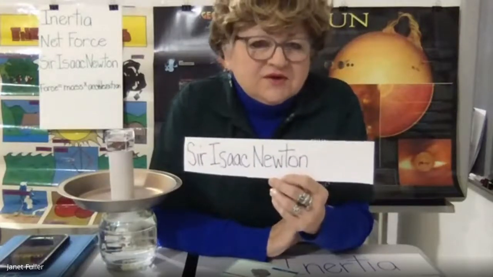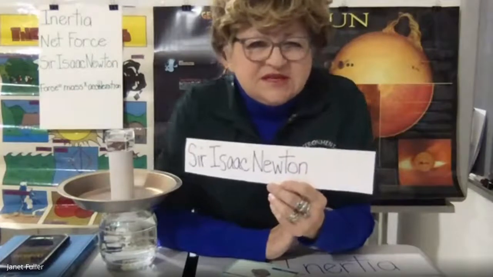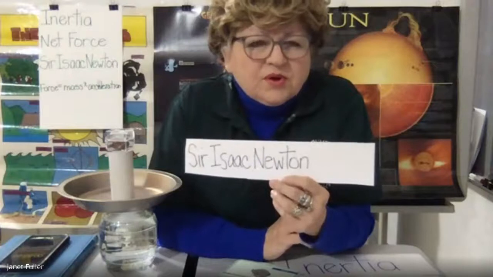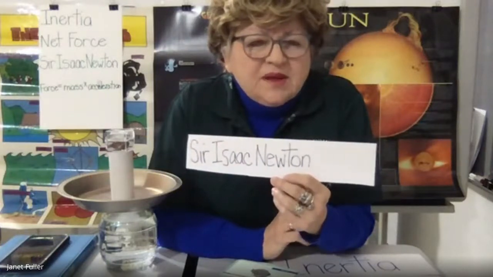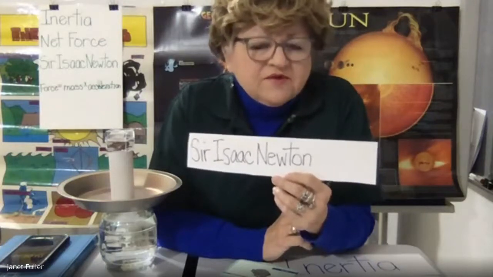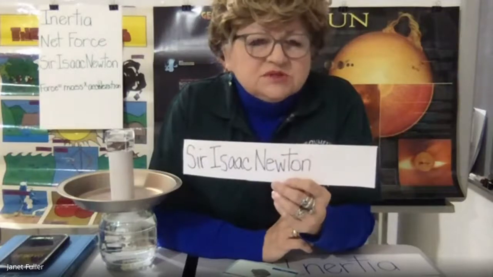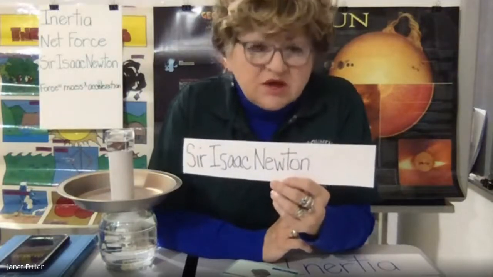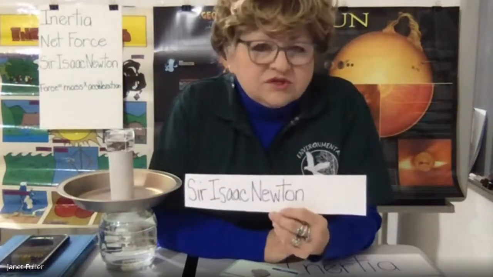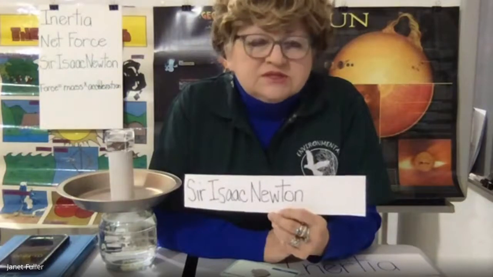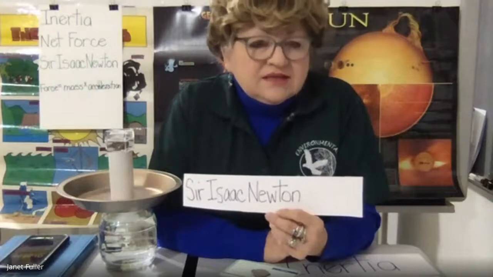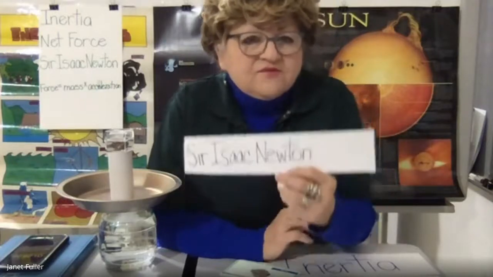Now, a few years later, in 1786, he wrote a book called Principia Mathematica, and in it he laid out 3 laws of motion. The first law of motion is an object at rest will stay at rest unless acted upon by a net outside force, and an object in motion will tend to stay in motion at the same velocity and in the same direction unless acted upon by a net outside force.